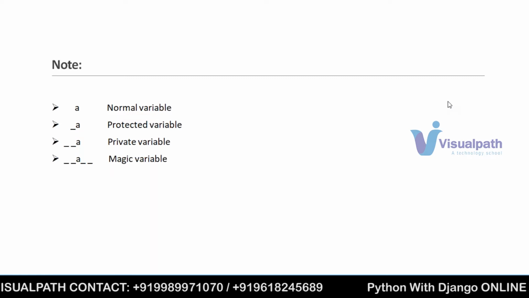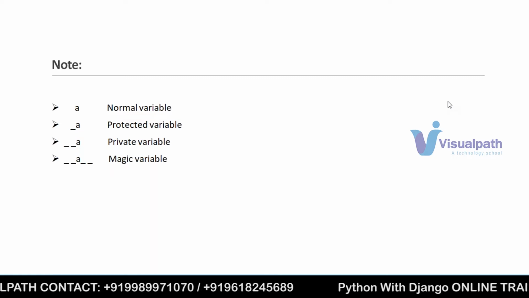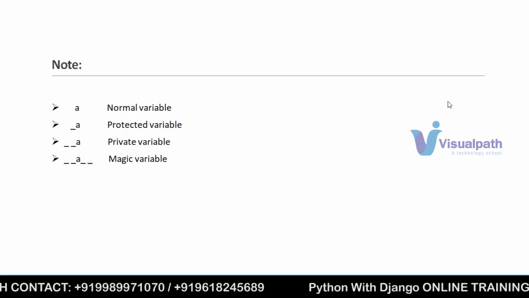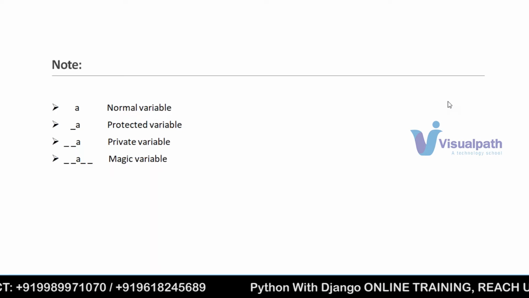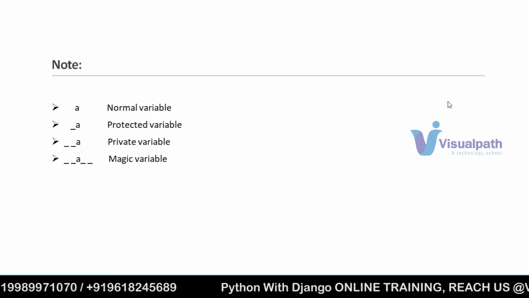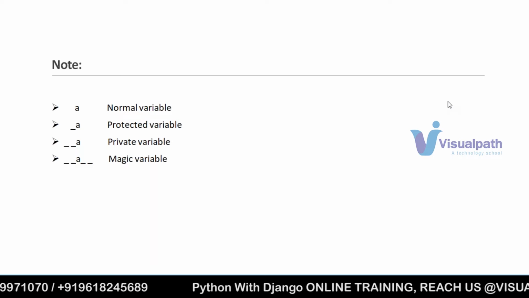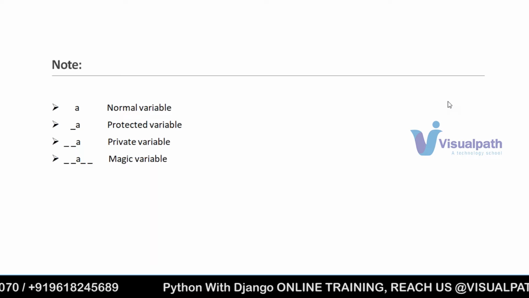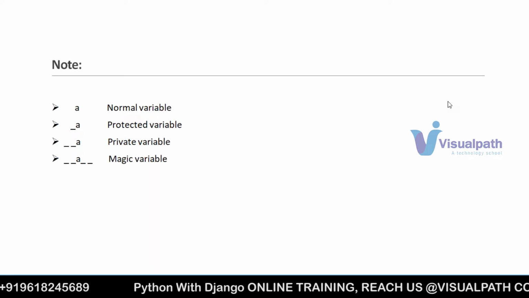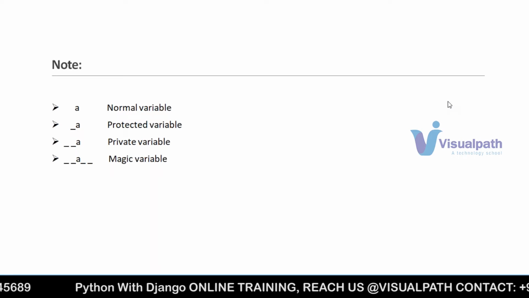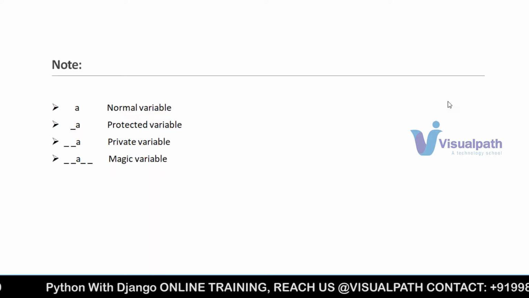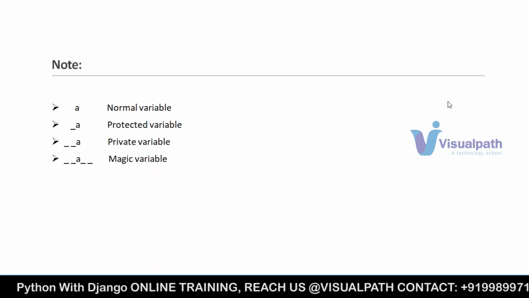Jayendra, can you hear me? Yes, I can hear you. What is your background, Jayendra? I'm from BTech CSE. I don't have any programming knowledge till now. Are you working? Yes, I'm working.